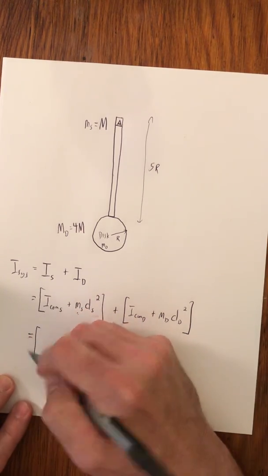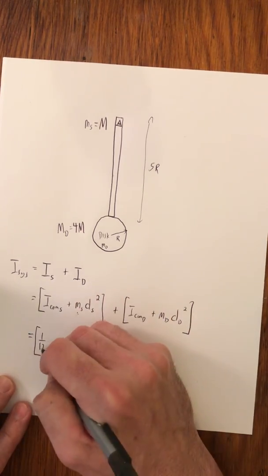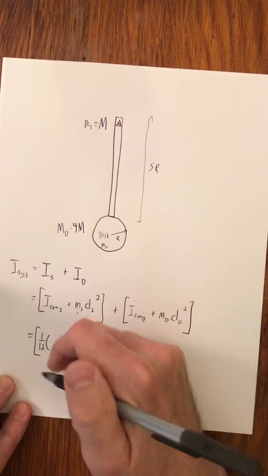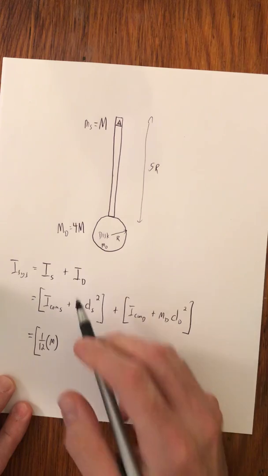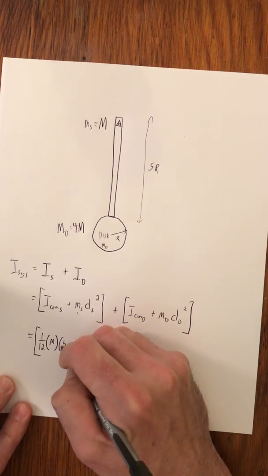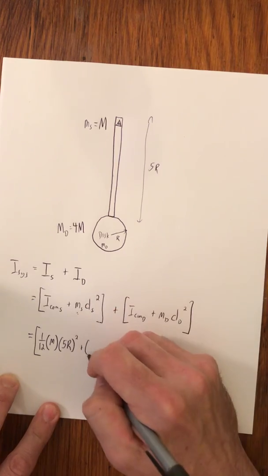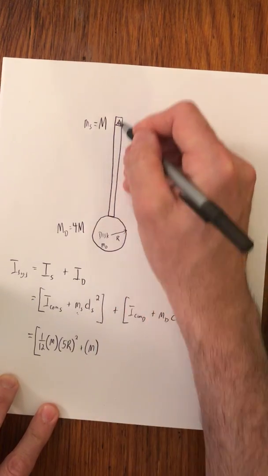Well, I COM of a stick is 1/12 m l squared. Well, the mass of the stick we said is capital M. The length of the stick is 5R, okay? The mass of the stick is M. How far is this shifted over?